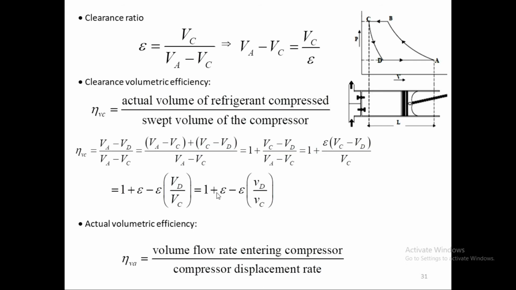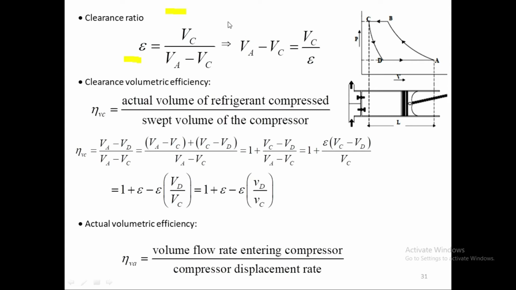Alright, so now we want to derive an equation for the clearance volumetric efficiency and actual volumetric efficiency. So we first want to define a term, the clearance ratio, which is represented by the symbol epsilon.